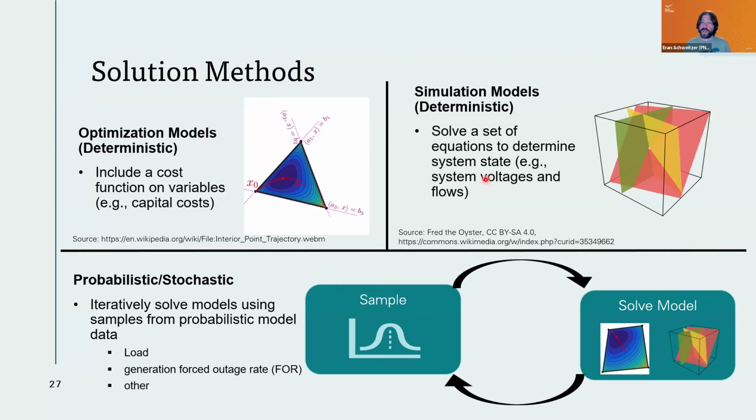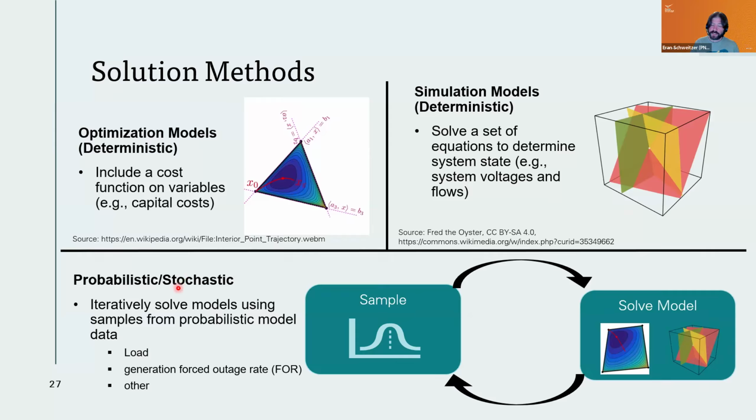On the other hand, we have simulation models, also in the deterministic sense, and these are solving a set of equations. So this is a perfectly determined system, and we set up the equations and we solve for the solution. Now, both of these can be cast in the frame of probabilistic or stochastic.